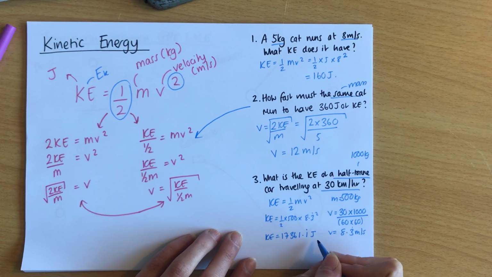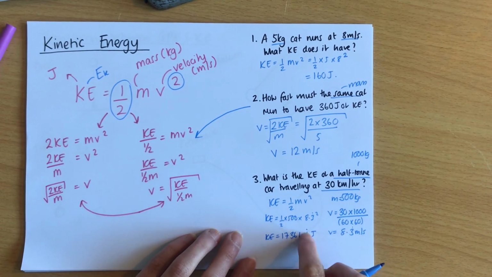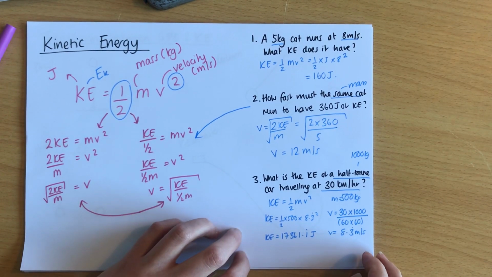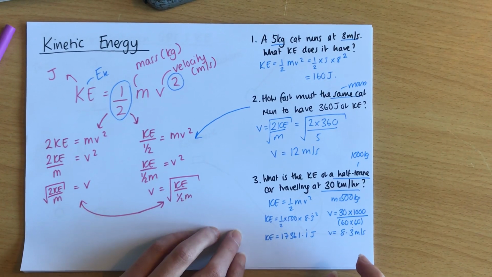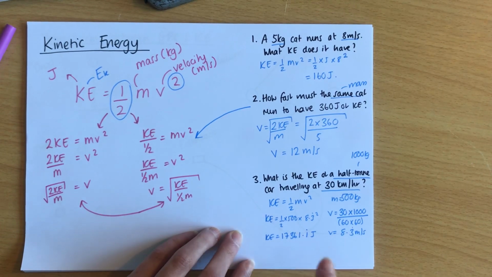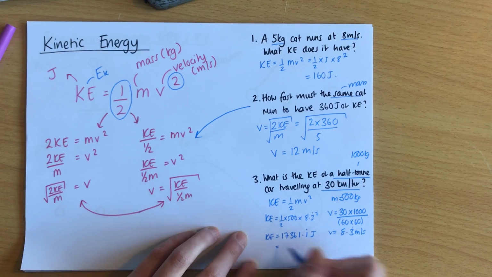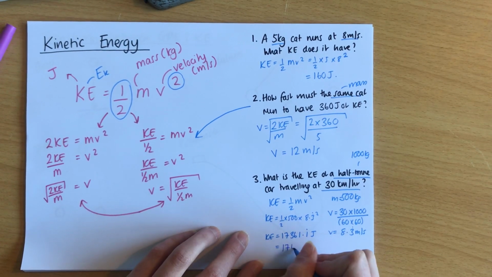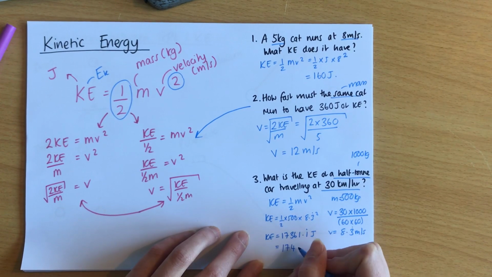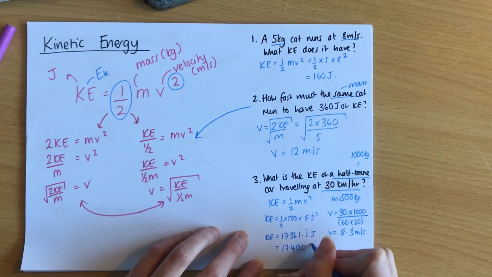I would never write an answer like this in physics. Firstly, I don't write recurrings, I round. And secondly, this is far too many significant figures. As a general rule, you should keep your answers to about 3 significant figures in physics. So 3 significant figures is 1, 2, 3 up to this point. So I'd actually write this as 17400 joules, because it's going to round up from that 600.